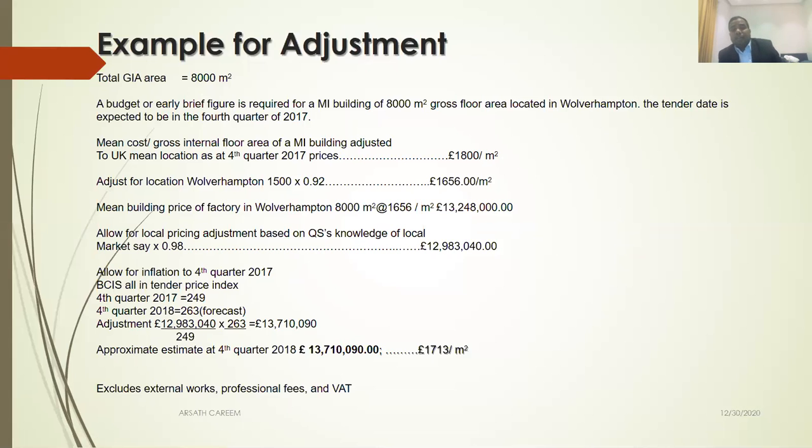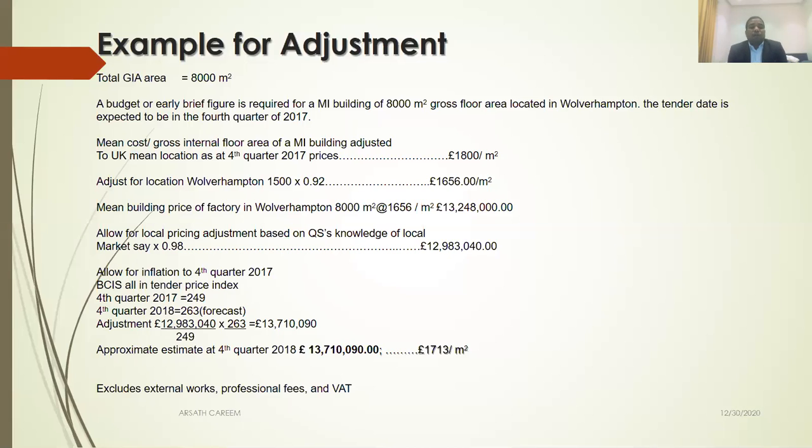Unfortunately, there is an error here: that is not 1,500, it is 1,800. You adjust 1,800 for the location factor 0.92, which is 1,656 per meter squared. So the total cost for 8,000 meters squared is around 13.2 million.